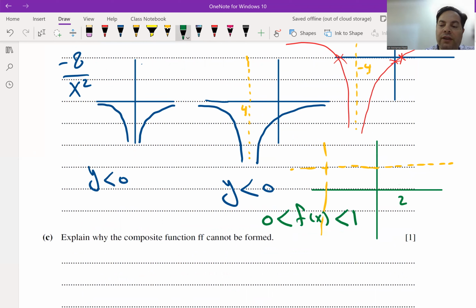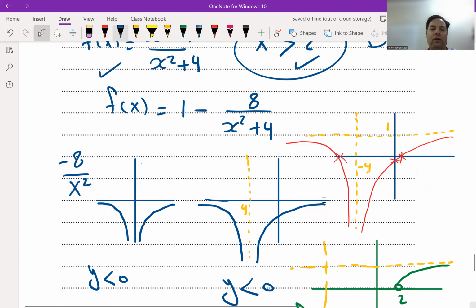So this circle has to be unshaded, like this. This is the graph of the function. What is the domain? More than 2, it's given. What is the range? Between 0 and less than 1. You can write it as y more than 0 and less than 1. This is the range of the function.